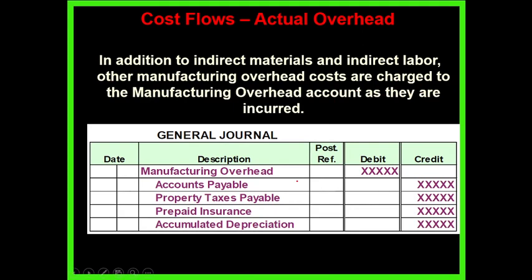So, for example, debit manufacturing overhead and credit accounts payable, property taxes payable, prepaid insurance, and accumulated depreciation. For example, before doing this entry, there was already an entry which is debit to, kunyari, let's talk about this.